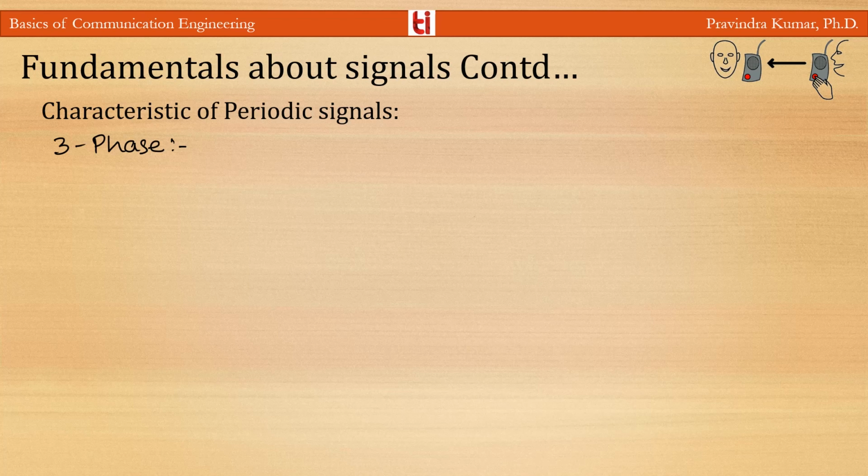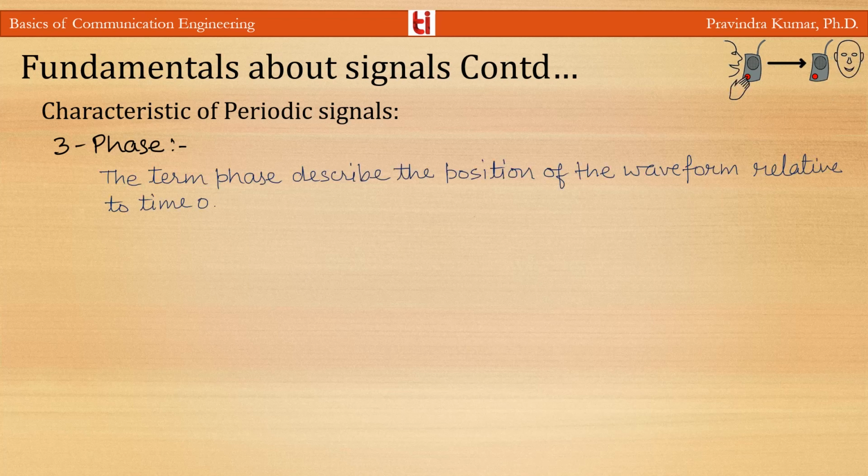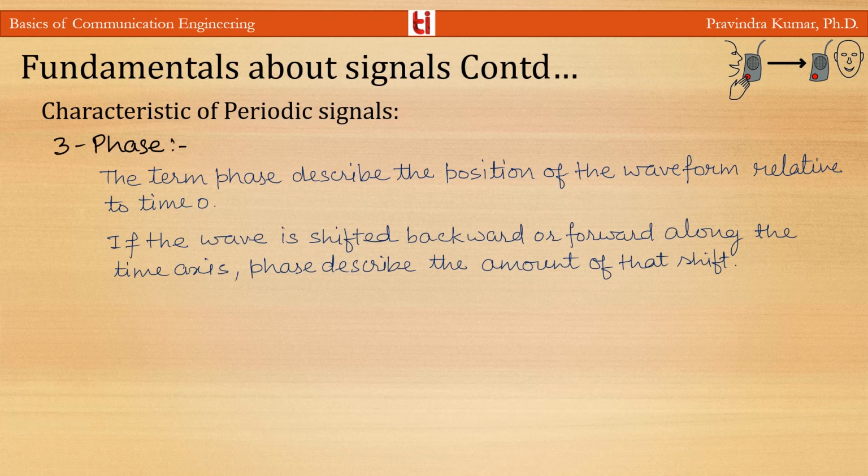Now we will discuss phase. The term phase describes the position of the waveform relative to time 0. If the wave can be shifted backward or forward along the time axis, phase describes the amount of that shift.